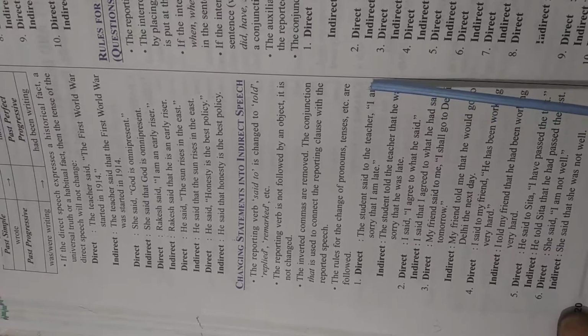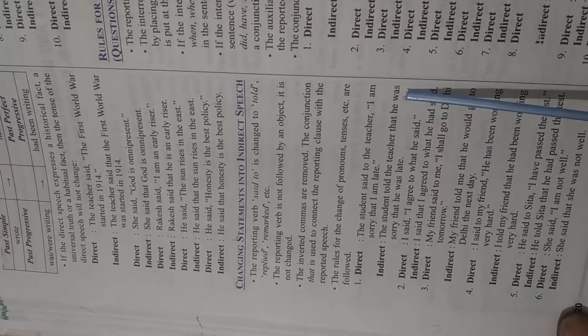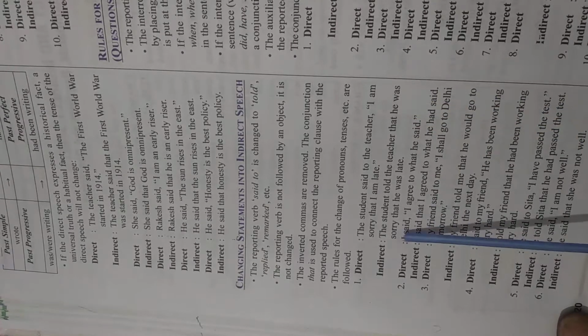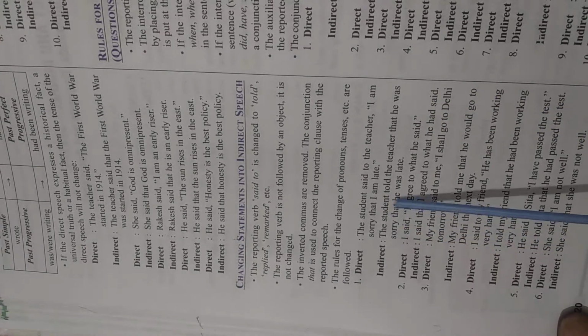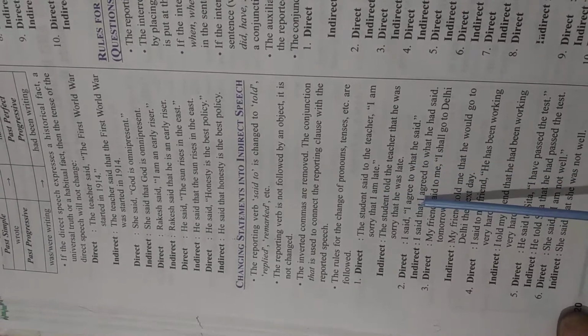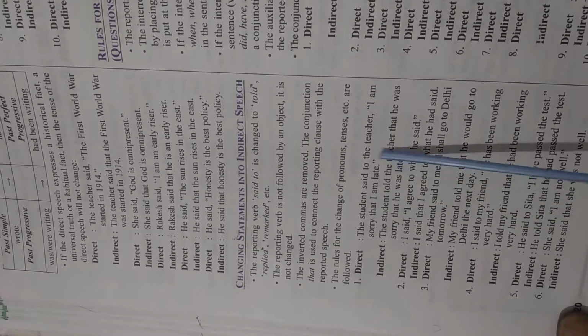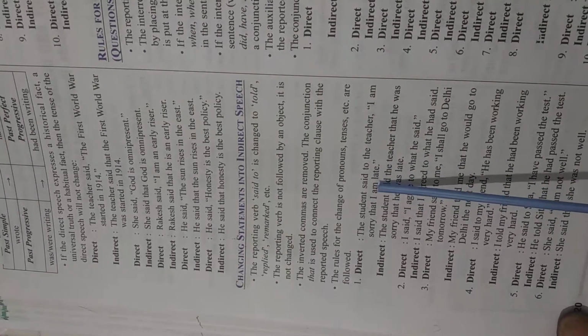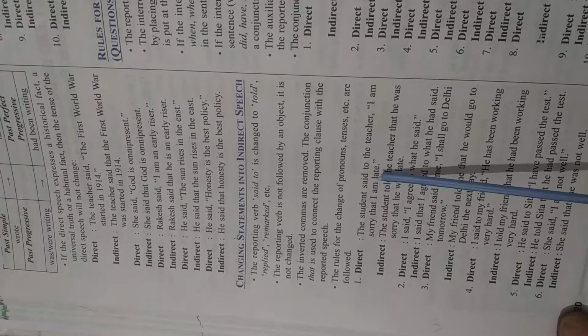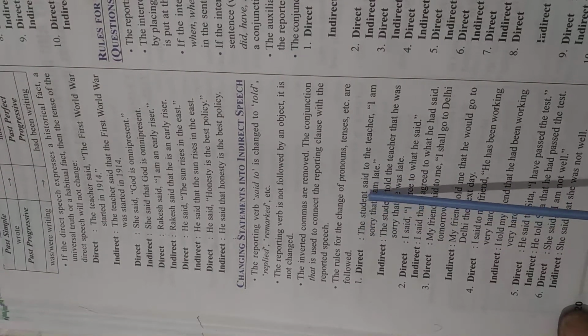"Am" is present; am, is, are we are changing into was. So the student told the teacher that he was sorry that he was late. "I" becomes "he", "am" becomes "was", right? According to the speaker, I, we, us, me, all will change according to the speaker, right?